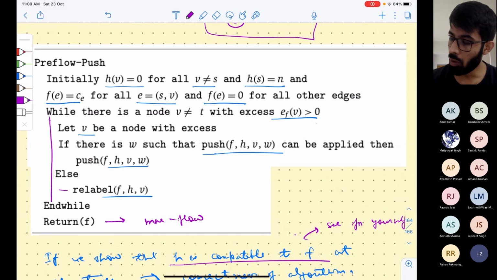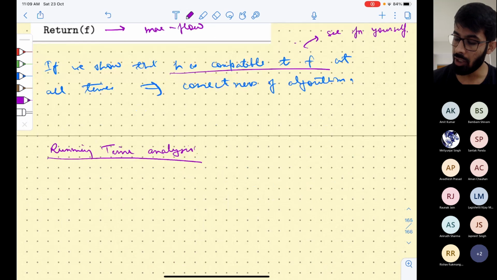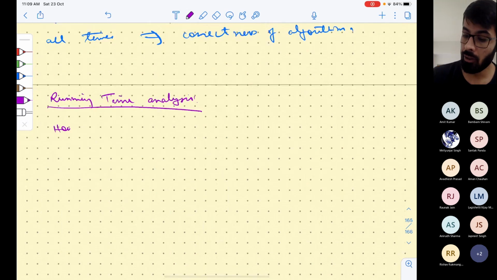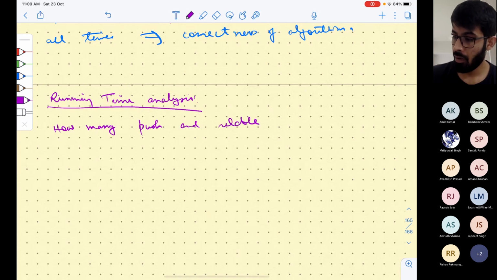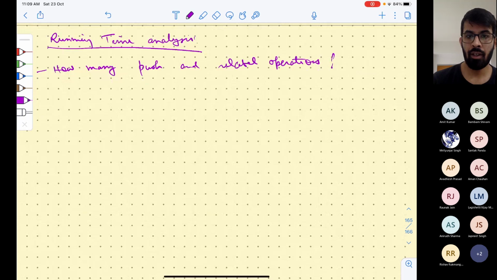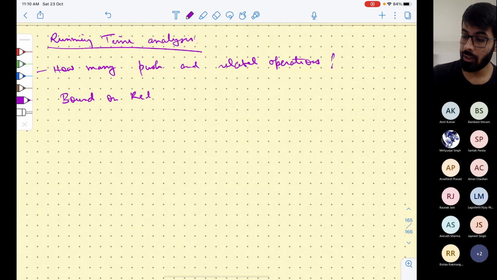Whenever there is a node which has some excess, we take that and do some push and relabel. So how many push and relabel operations? First, let's put the bound on relabel operations because that's easier.